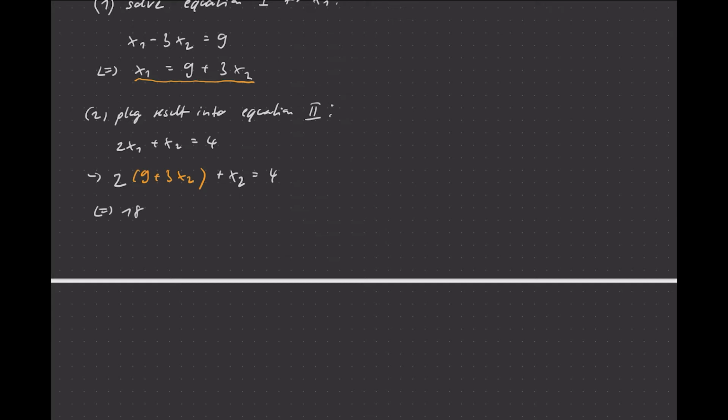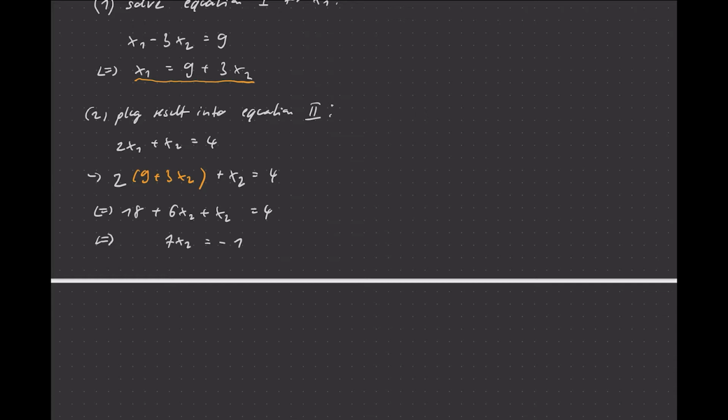Let's see, this is 18 plus 6x2 plus x2 equals 4. So let's take the 18 to the right-hand side and add 6 and 1 x2. So we get 7x2 on the left-hand side.